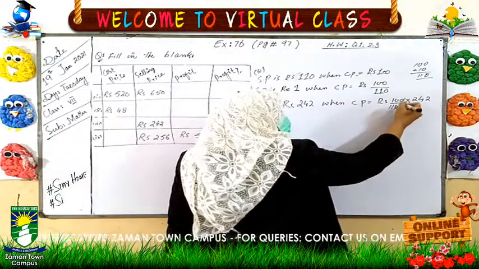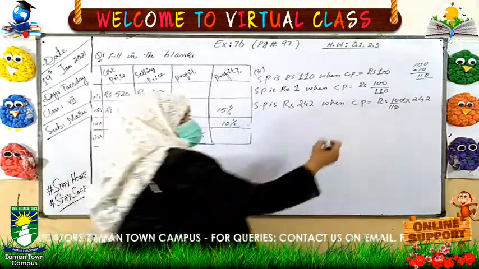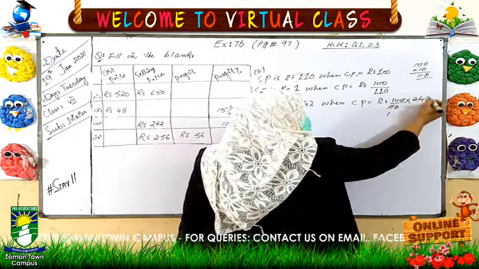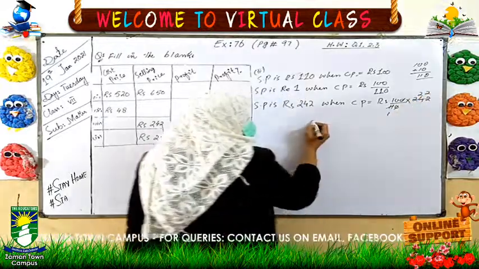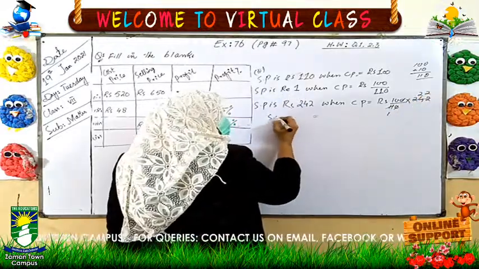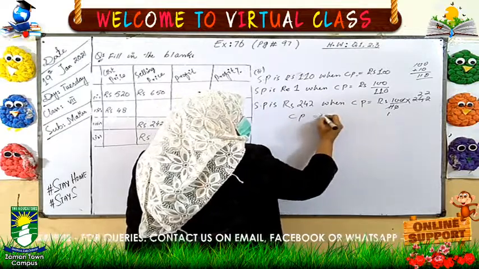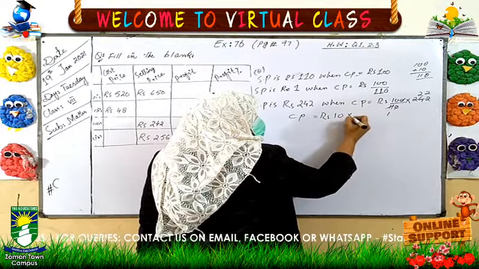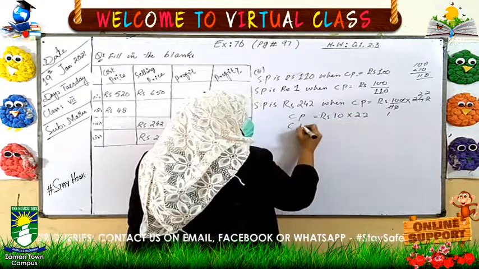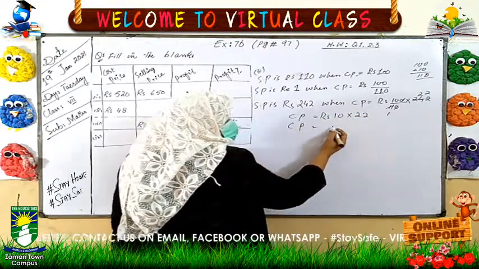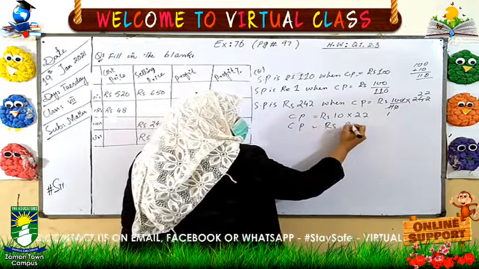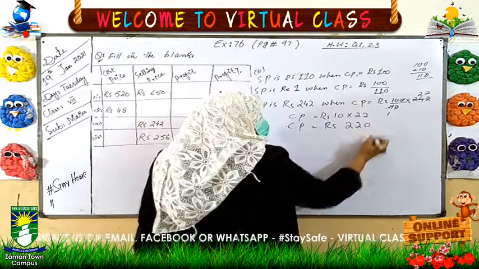This 0 will be cancelled by this 0. 11 1 the 11, 11 2 the 22, 11 2 the 22. You have that CP is rupees 10 multiplied by 22. When you multiply it, you will get 220.